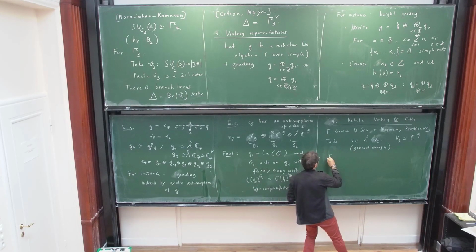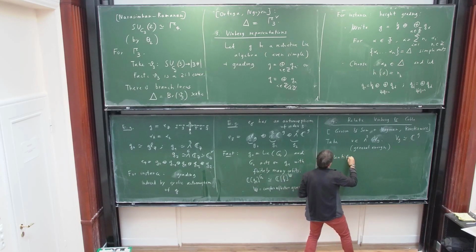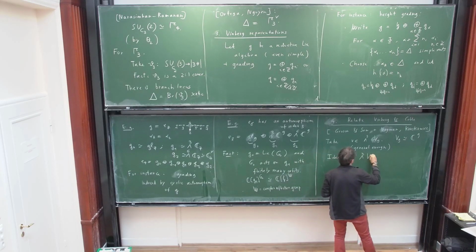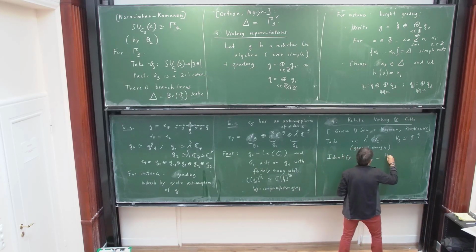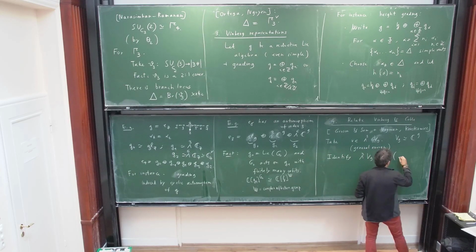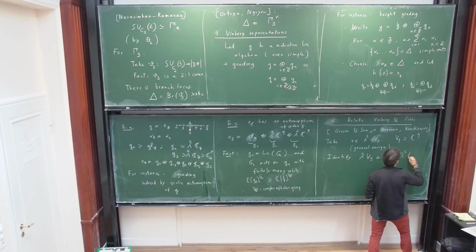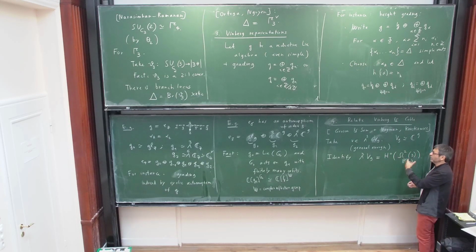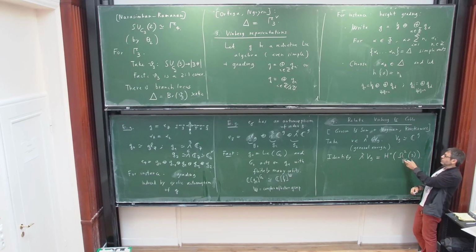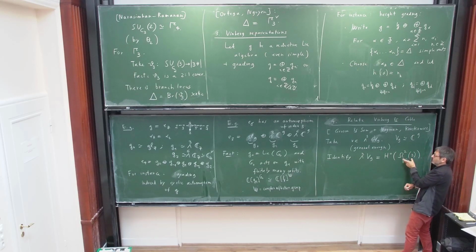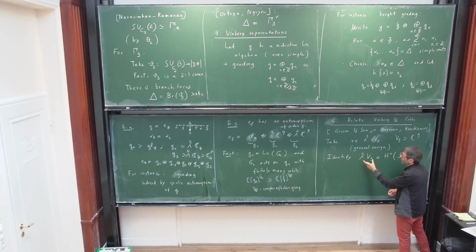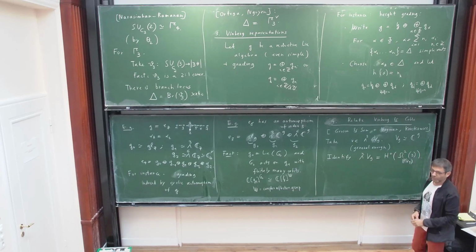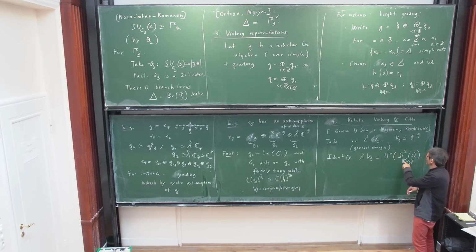We identify wedge 3 of V9 with H0 of omega 2 of 3 over P of V9. It is easy to compute the global sections of this vector bundle, and this set of global sections is naturally identified with wedge 3.